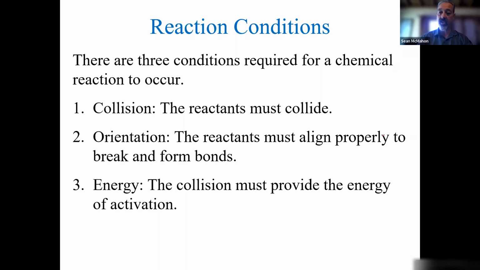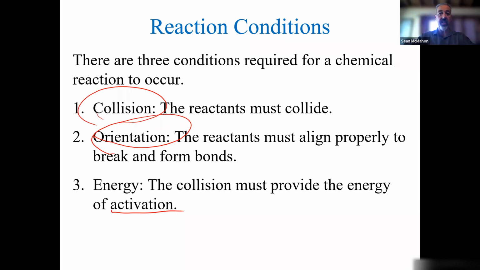The minimum amount of energy required to break the bond is called activation energy, but the activation energy also has to take into account orientation and collision. You could have molecules traveling fast enough with enough energy to break a bond, but if they're not in the right orientation, they'll just bounce right off each other.